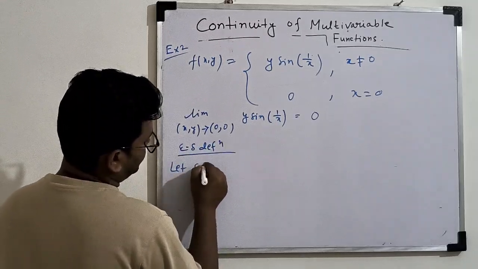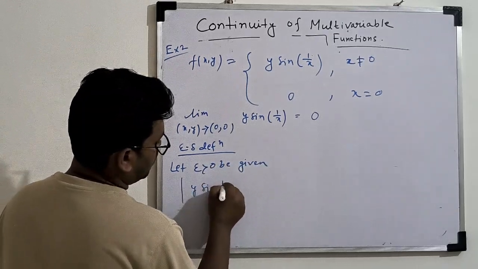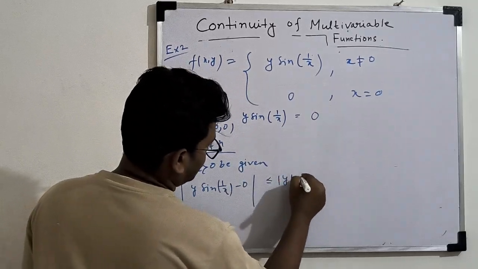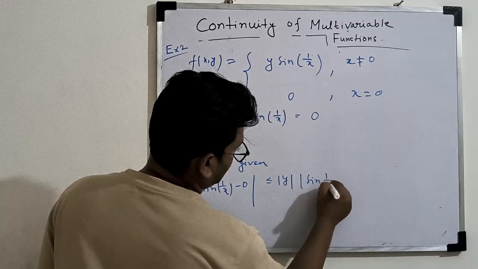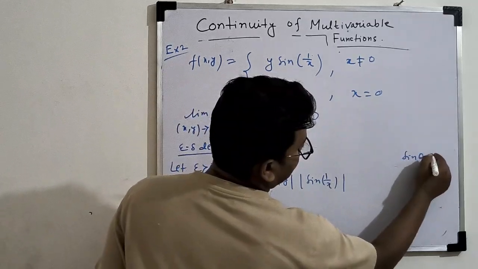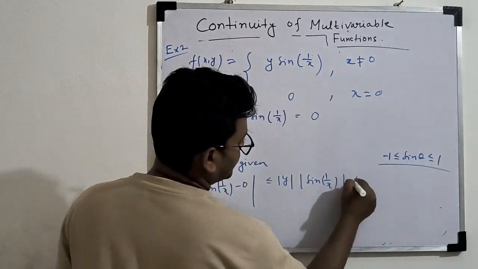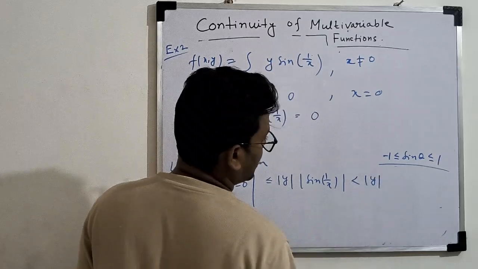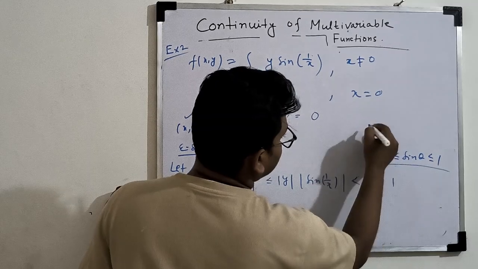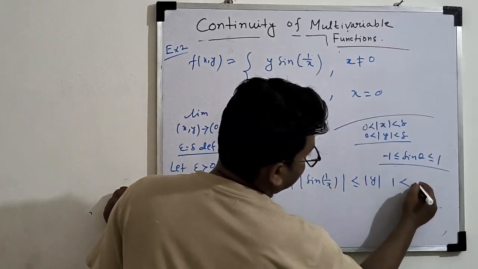First let epsilon greater than 0 be given, and then we find |y sin(1/x) − 0| less than or equal to |y| |sin(1/x)|, and as sin theta belongs to [−1, 1], we can put the maximum value here. So this becomes |y| times 1, and this is less than delta, so we can put here delta.